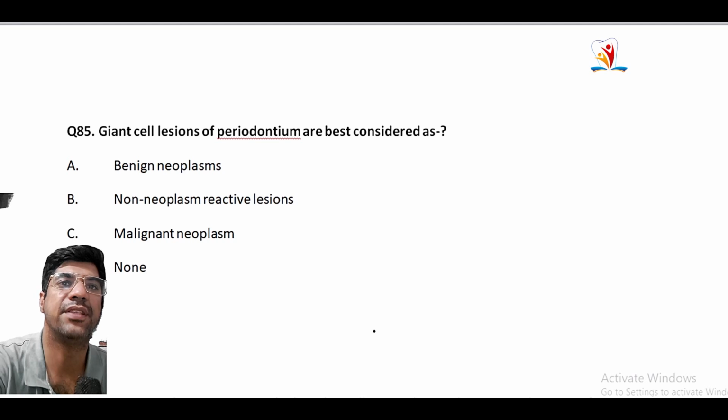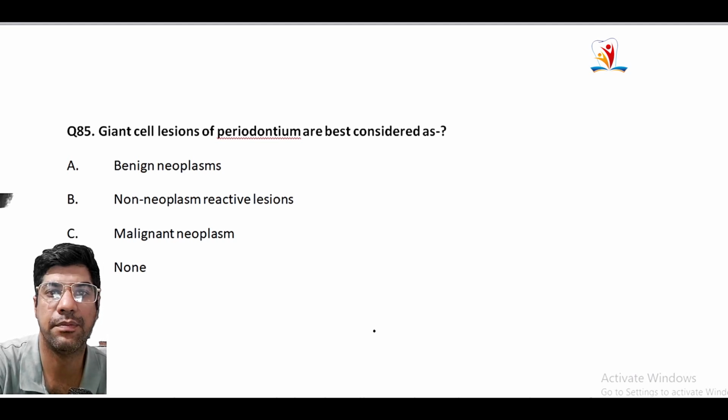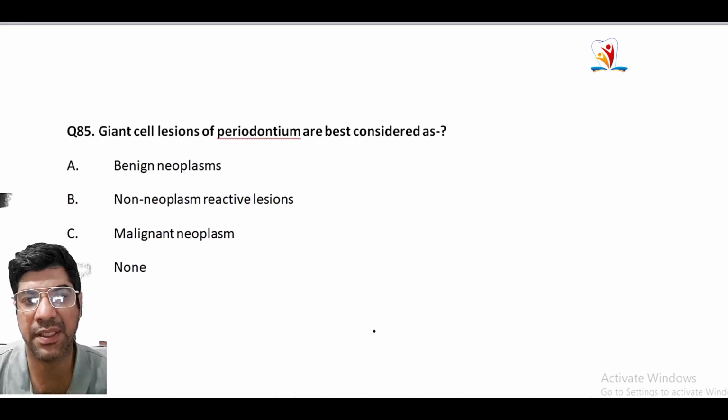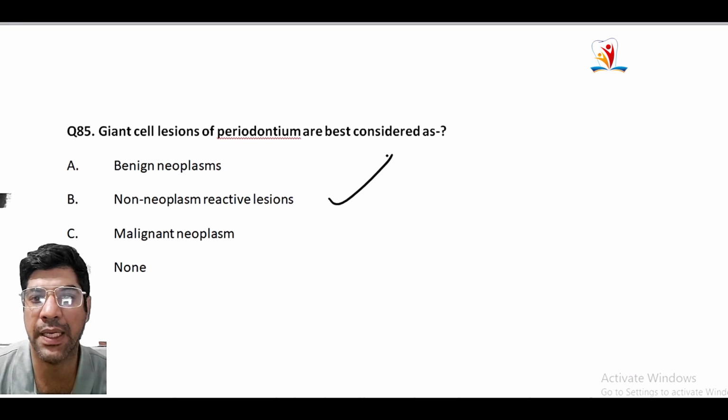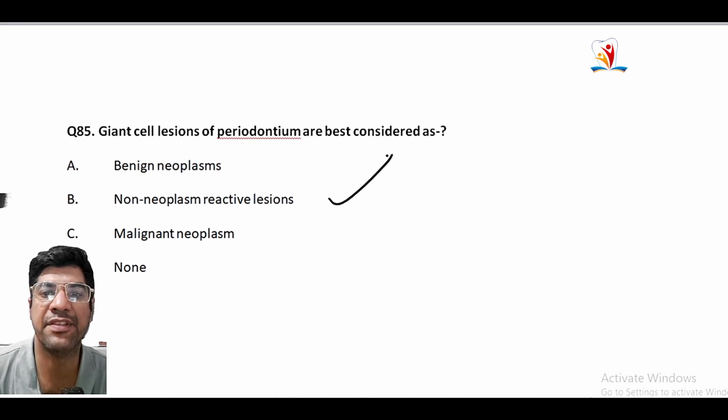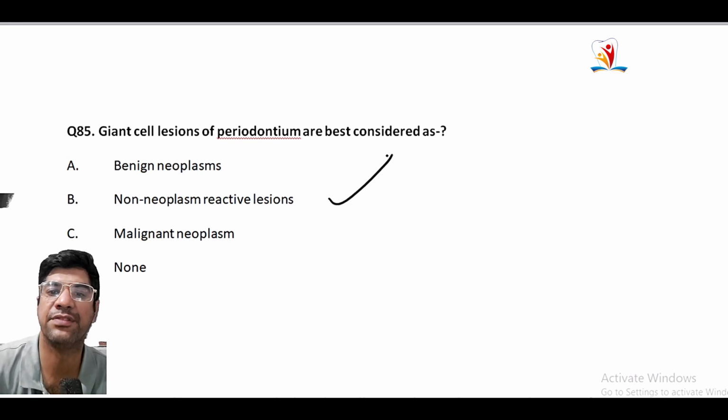So giant cell lesions of the periodontium are best considered as non-neoplastic reactive lesions. These lesions are not considered benign or malignant, but rather a reactive response to various stimuli or conditions within the periodontal tissue.